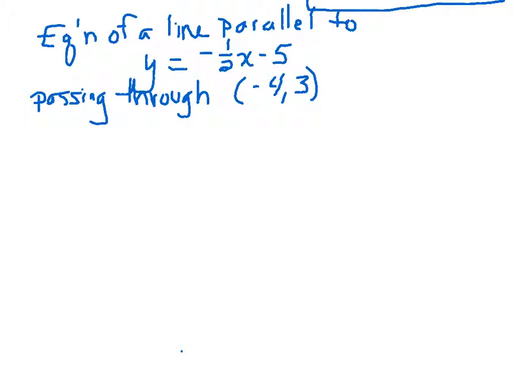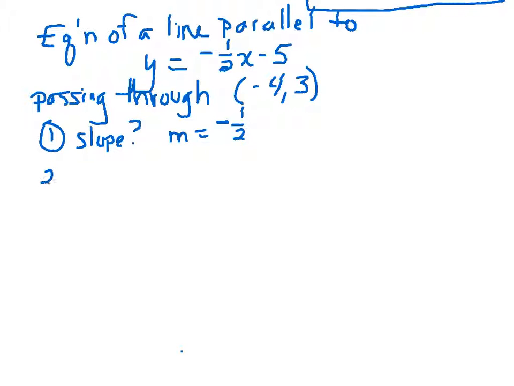Sounds good. Alright, so step 1, we need to find the slope. We look at the equation that they gave us, and again, we recognize it's in y equals mx plus b form, and the slope is the number in front of the x, so it's -1/2.